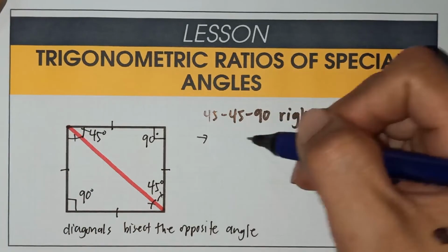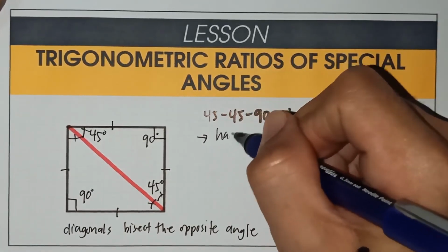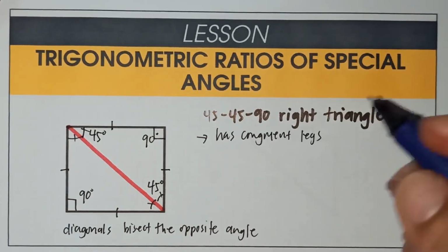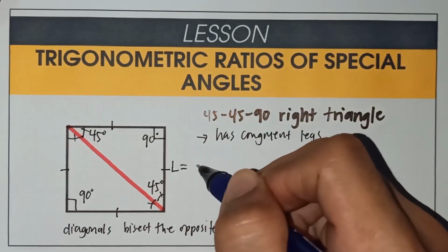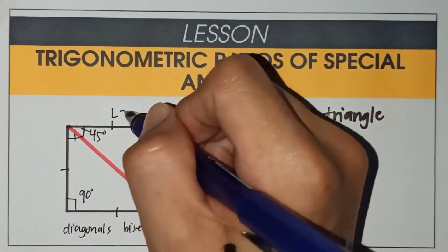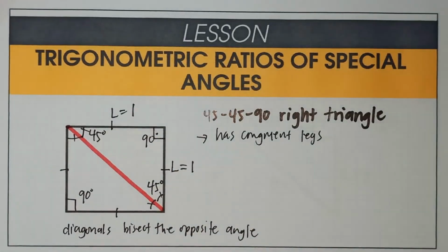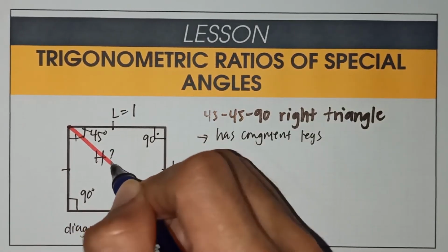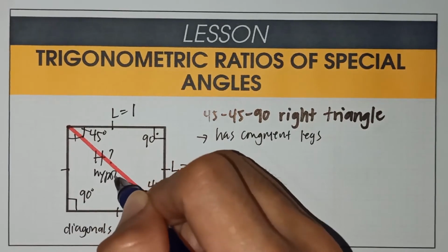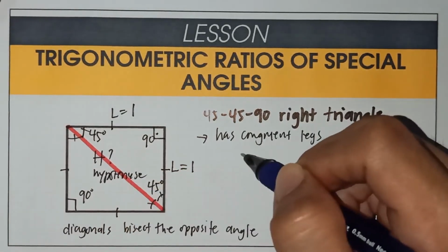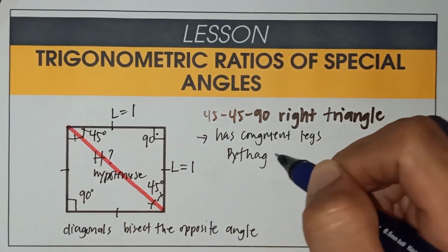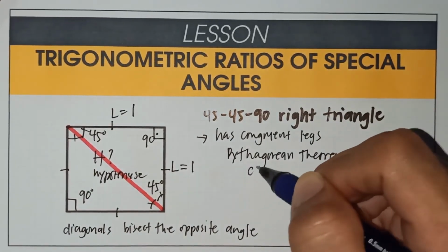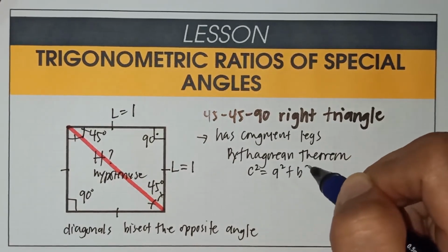And that right triangle now has congruent legs. This will be the leg. Consider that is one leg. That is also one. The problem here is, what is the hypotenuse? So using the Pythagorean theorem, c squared is equal to a squared plus b squared.